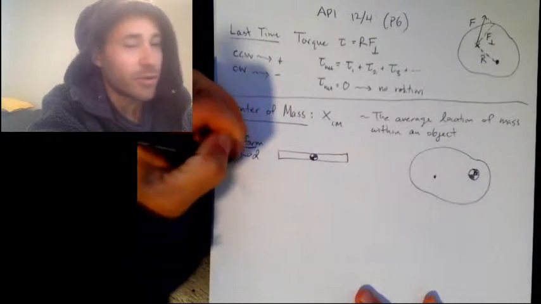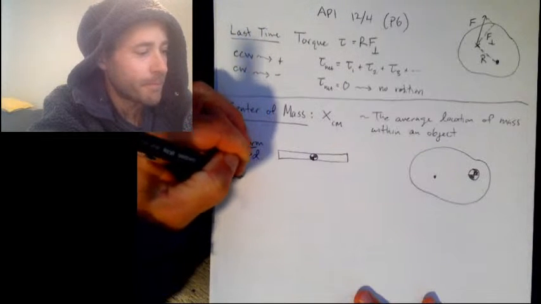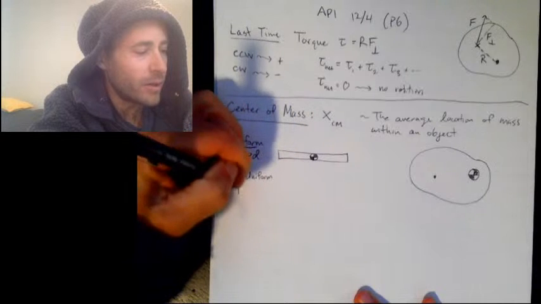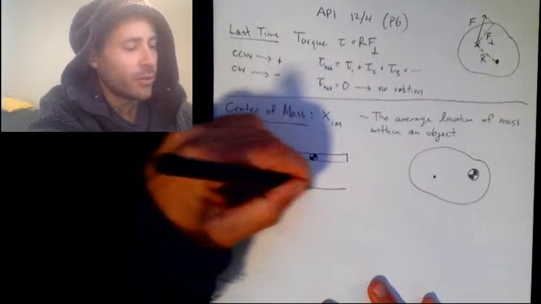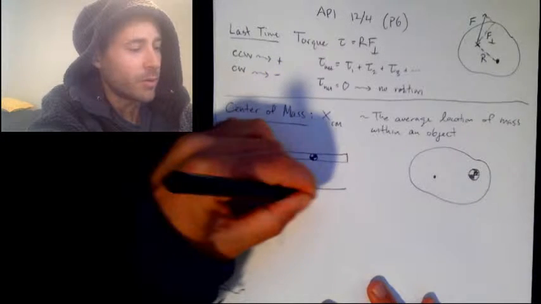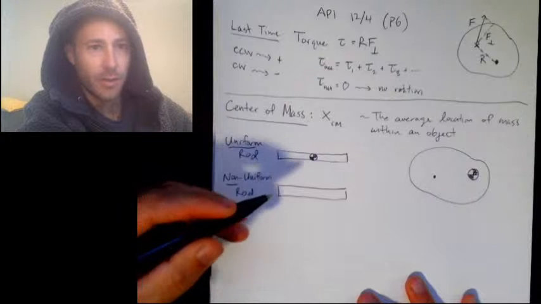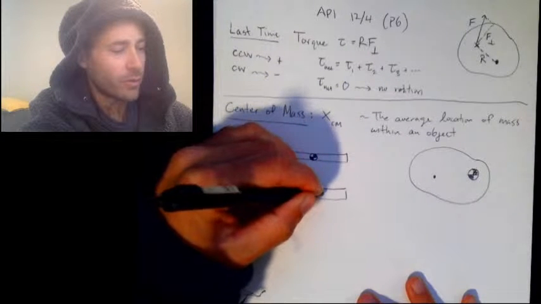If you have something that is non-uniform, so for example, a non-uniform rod, so what would a non-uniform rod be like? It would be a rod where maybe it's made out of a material where the density increases the further you go to the right side.